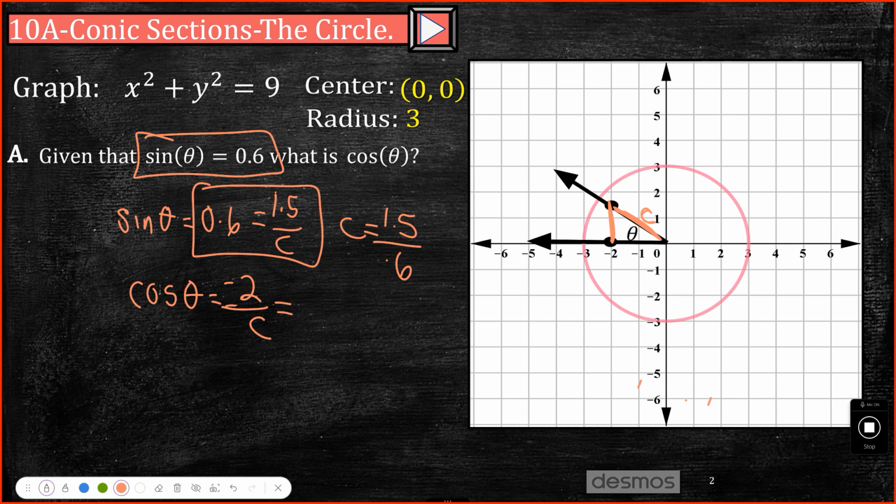So then if that's what this is, it's going to be negative 2 divided by 2.5. What is that? What do we get? It's the same.